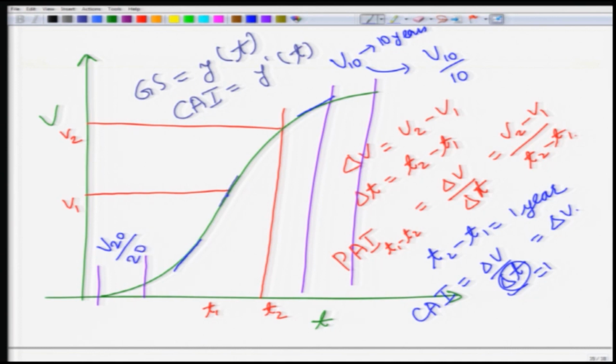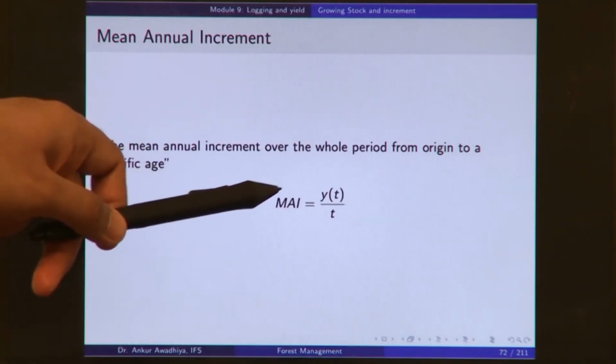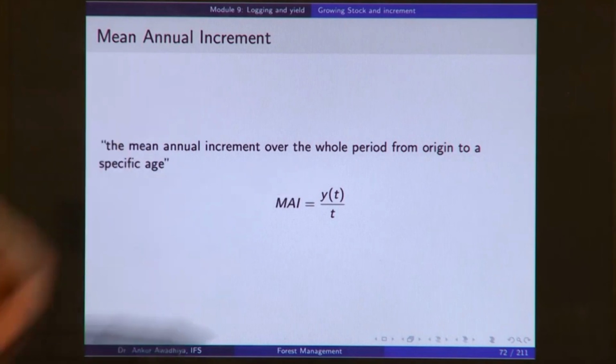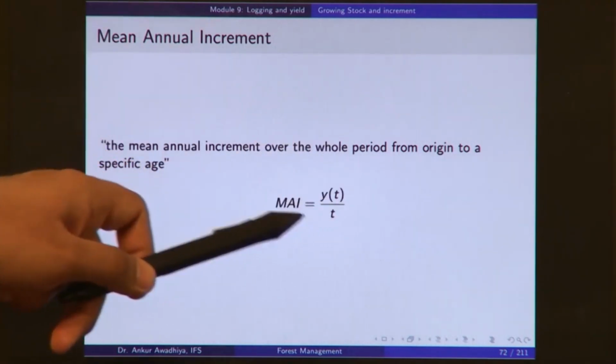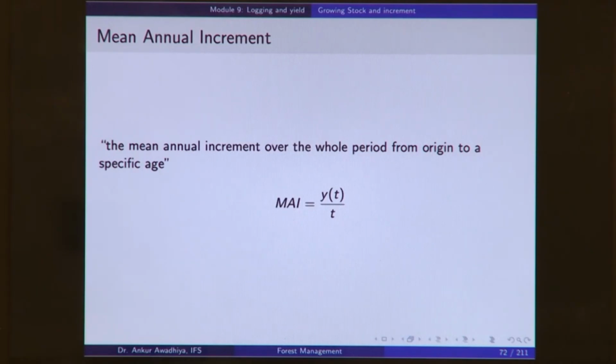So, essentially MAI for any time t is equal to y of t, that is the growing stock at time t, divided by t, which is the number of years that it has taken to reach that value of the growing stock. So, the mean annual increment is the mean annual increment over the whole period from origin to a specific age.